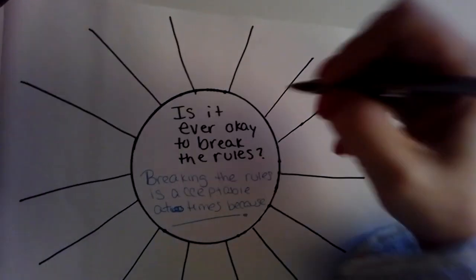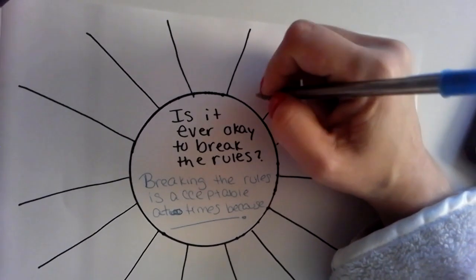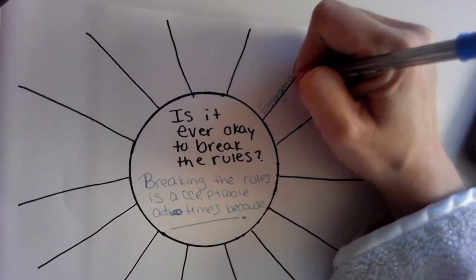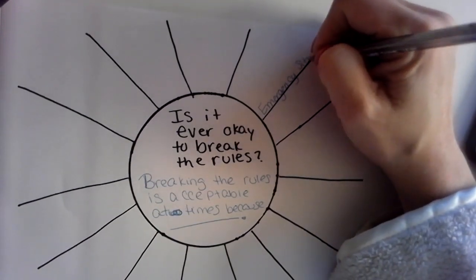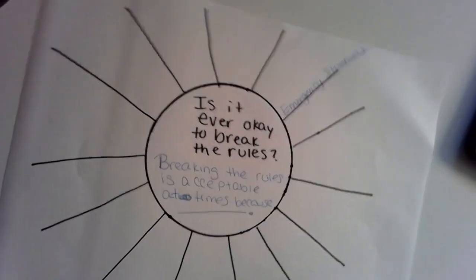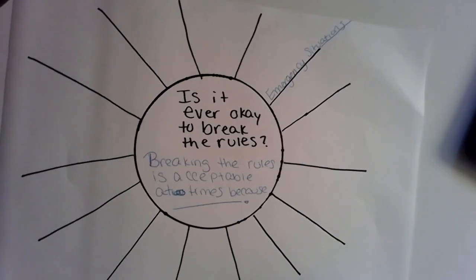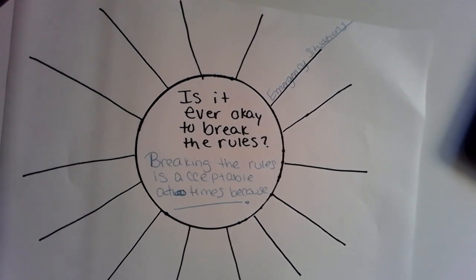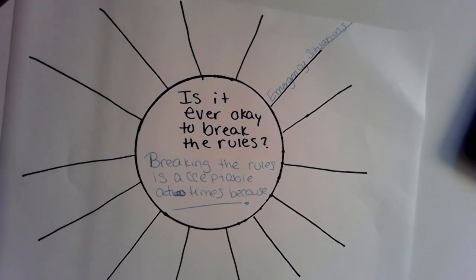The first one that comes to my mind is emergency situations. What would be an emergency situation to break a rule? Think about that. What immediately comes to my mind is I'm walking through a parking lot in the middle of summer and I see a car with the windows rolled up and a dog inside.